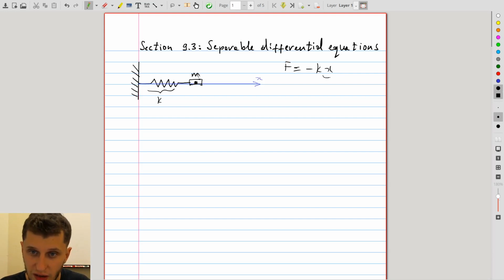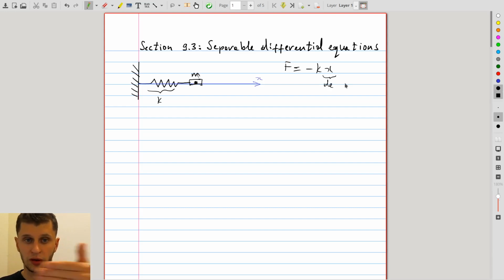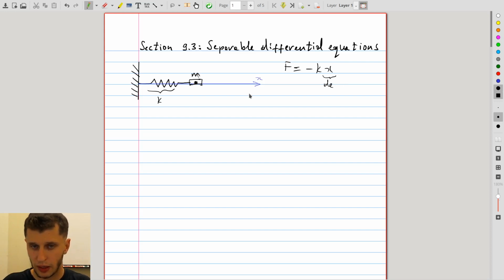So here x is the deformation of the spring, and the minus sign accounts for the fact that if we deform the spring to the right, say we extend the spring away from the wall, that is in the positive direction of the x-axis, then the spring pulls back the body towards the wall in the negative direction of the axis, and hence the minus sign. So here x is deformation.